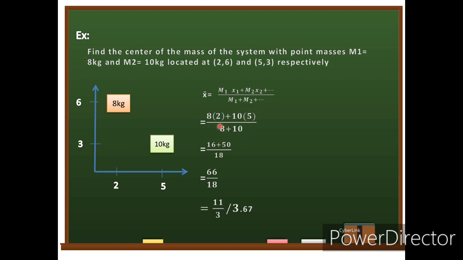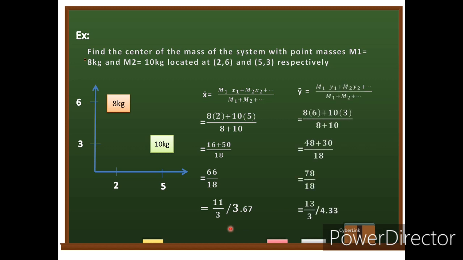So 8 times 2 is 16, 10 times 5 is 50, over 8 plus 10 is 18. So 16 plus 50 is equal to 66, over the total mass 18. So 66 over 18 is the same as 11 over 3, which is 3.67 in decimal form.